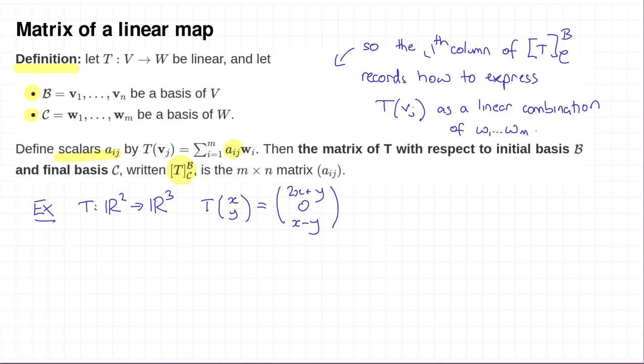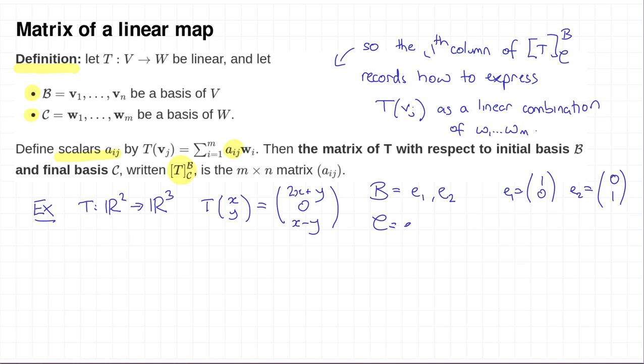We will take a basis B for the domain of T. So B will be the standard basis for R squared. So I'll call that E1, E2, where E1, as usual, denotes the first standard basis vector, and E2 denotes the second standard basis vector. We will let C, our basis for the codomain of T, again be the standard basis for R cubed.